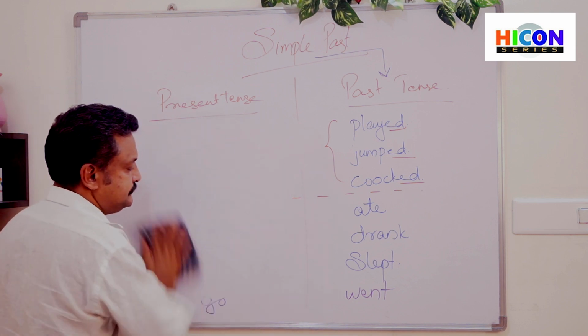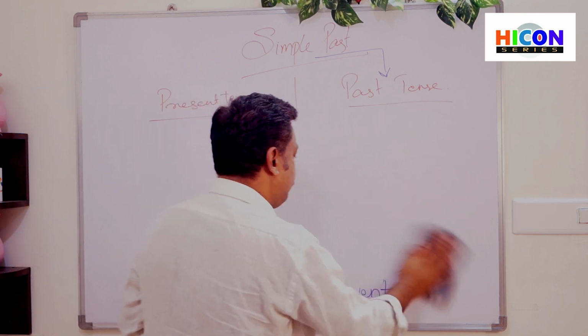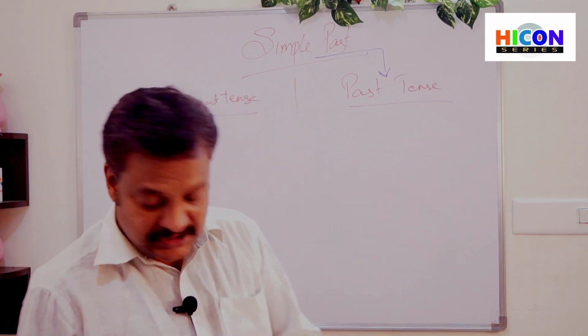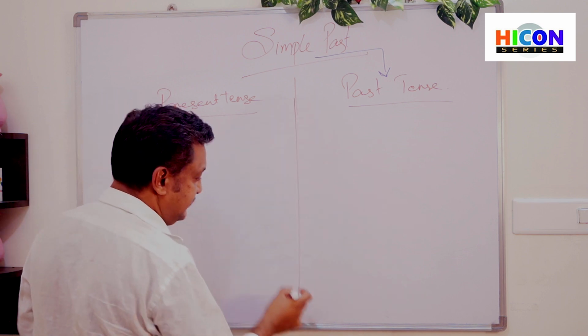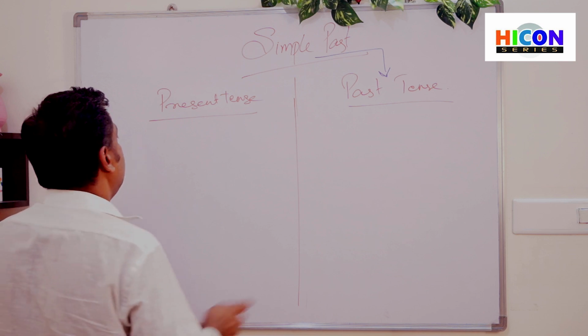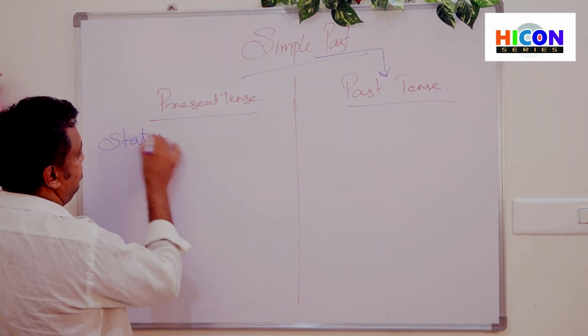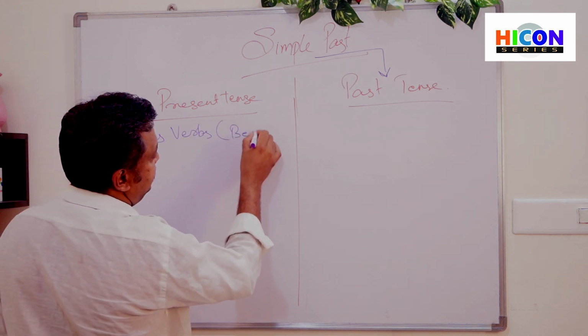Now, when we were dealing with the simple present tense, we said that there are two different types of special verbs, no? What were the two different types of special verbs that we came across? Yes. Status verbs, or the be verbs.